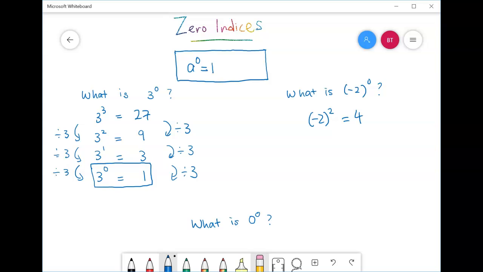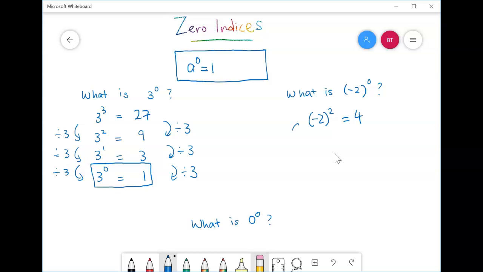But does the same result hold if a is negative and if a is 0? Let's look at this. Since we are already familiar with this repeated division process, where we repeatedly divide by the base, let's look at negative 2 to the power of 2 equals 4. Instead of starting from power 3, let's cut ourselves a step and start from power 2.